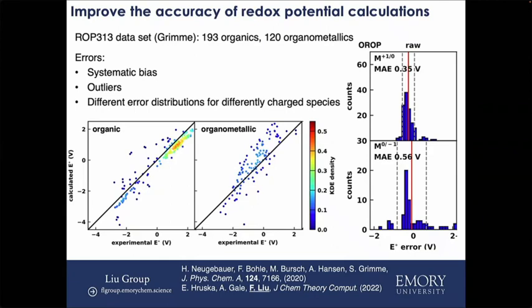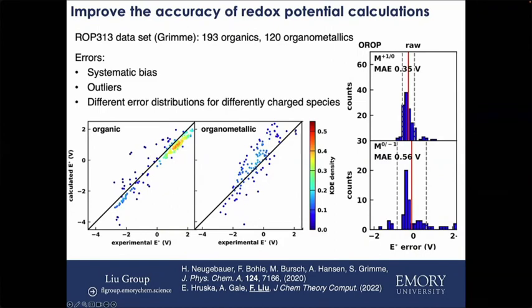For example, here I took the ROP313 data set curated by Professor Grimme's group. That is one of the biggest experimental data sets available for redox potential, and it has about 300 redox couples. By performing quantum chemistry calculations, we can see significant errors compared to experimentally measured redox potential.